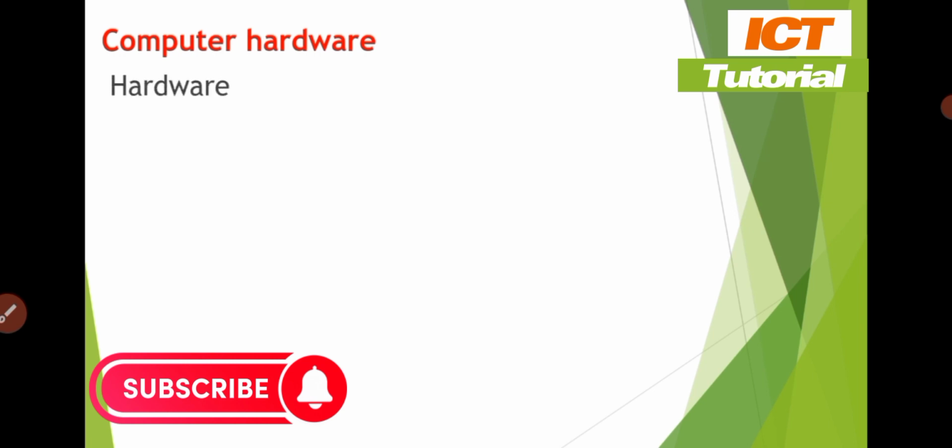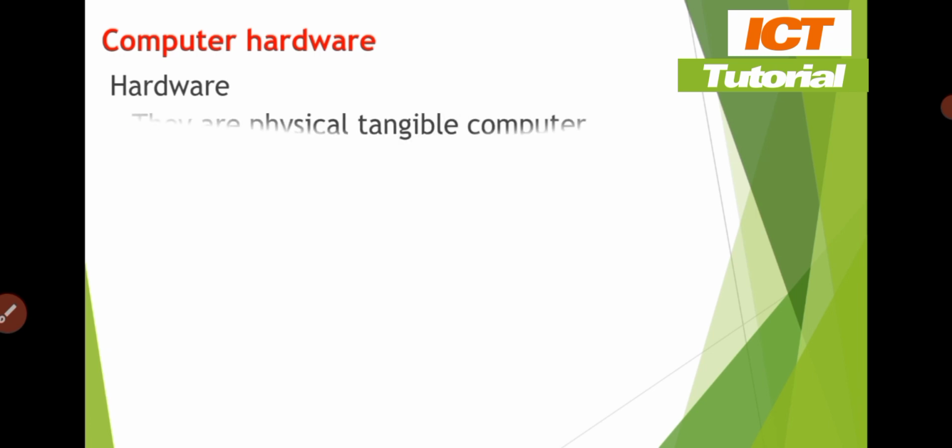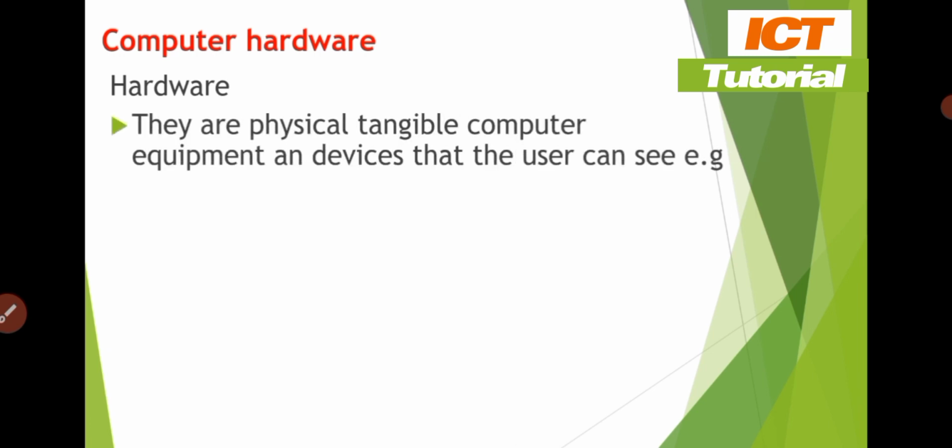So first, we define what is hardware. They are physical, tangible computer equipment and devices that the user can see and touch. For example, we have a monitor. This is a hardware.